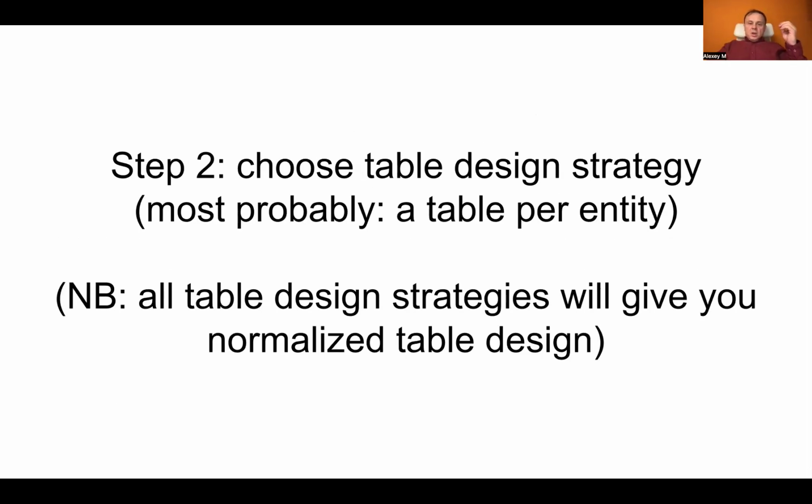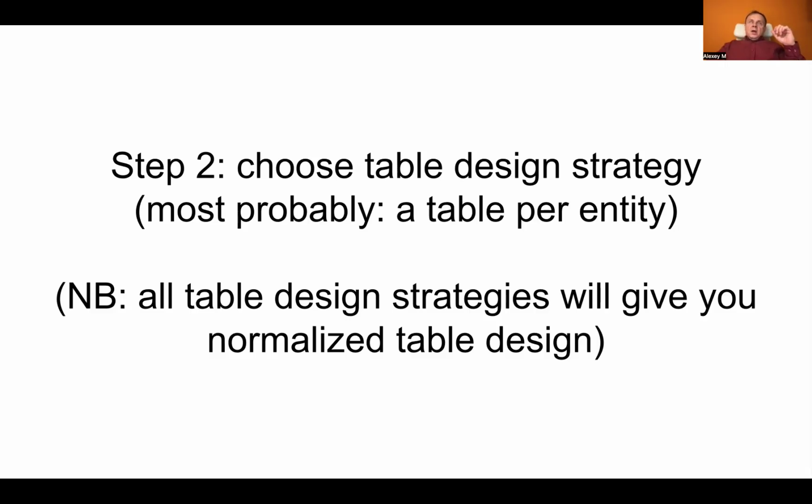Step 2, you need to choose a table design strategy. That sounds scary, but most probably at this level, you have to choose the most common table design strategy, one table per anchor, per entity, whatever.